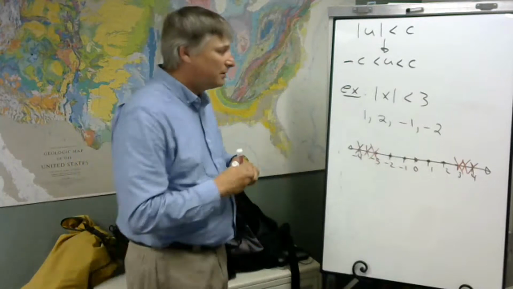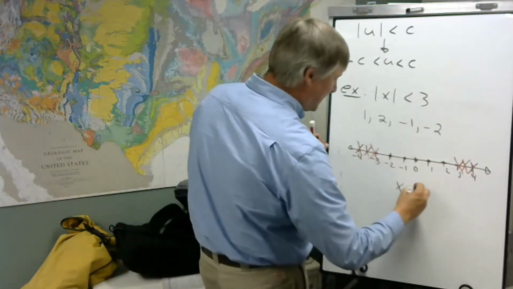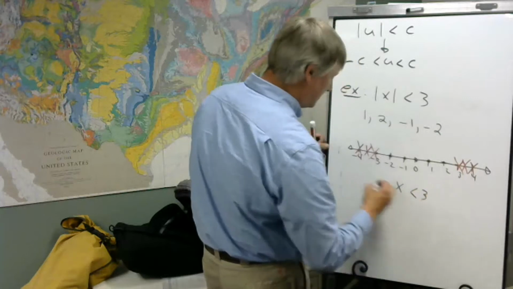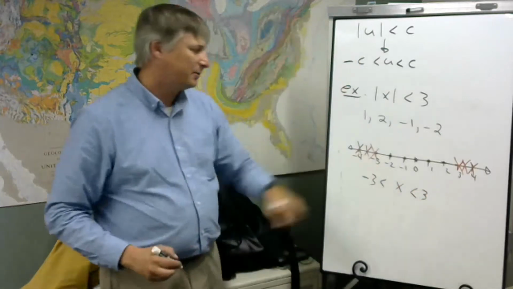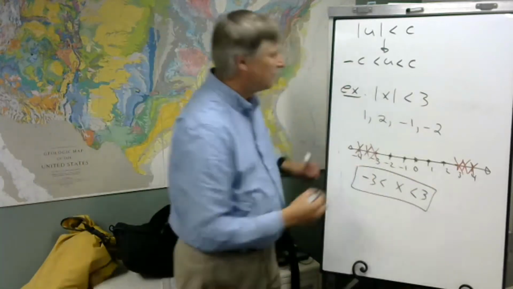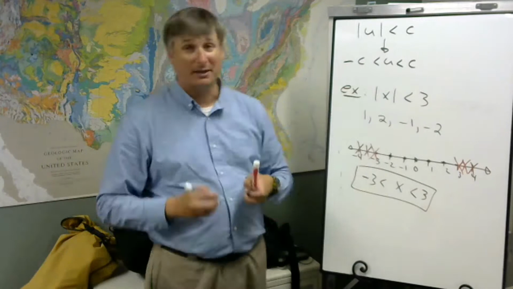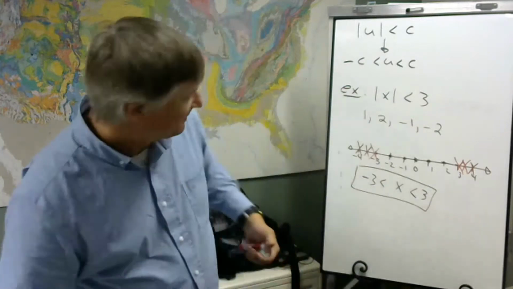We can use any real number x, provided it's smaller than 3, and it's bigger than negative 3. And so that's why we set this one up like that. Anyway, let's do some problems.